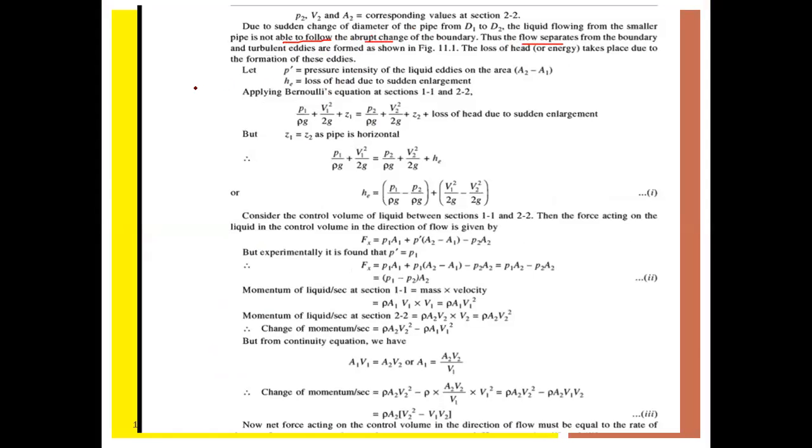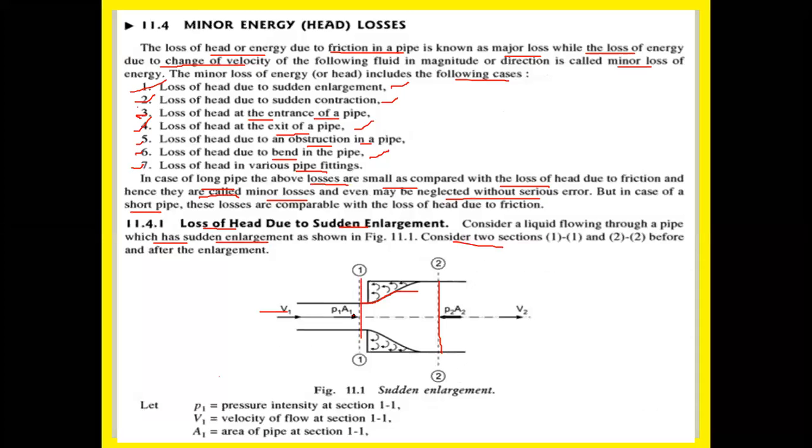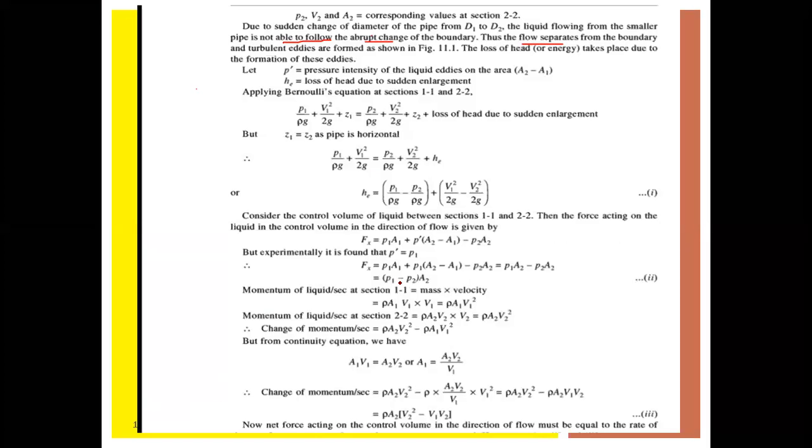Whenever water is flowing normally and then moves into a pipe of a different diameter, it automatically takes some turbulent action, and turbulent eddies are formed. The loss of energy takes place due to the formation of these eddies.